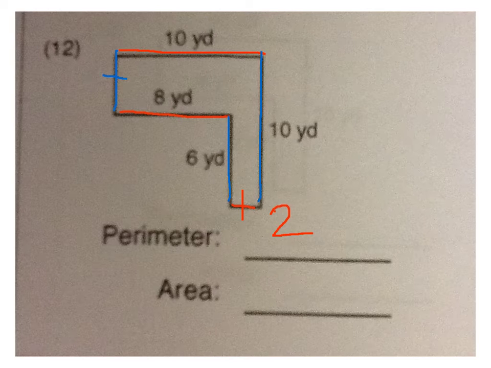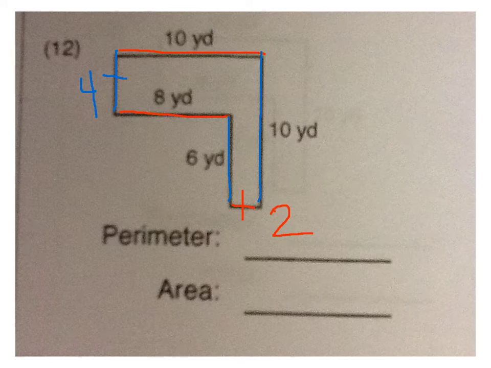And I know that the whole piece is 10, and part of it, the other side, is 6. So the missing part over here would be 10 minus 6. 10 minus 6, I know you know it, is 4. Right there. So now all of my missing lengths are filled in.